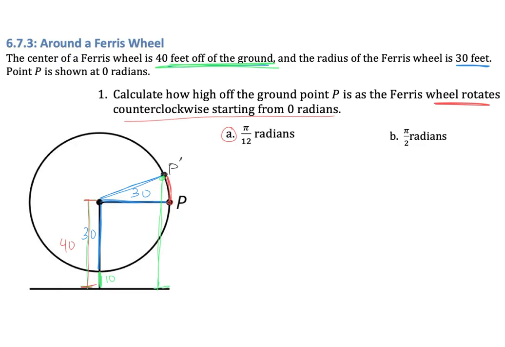Well, hopefully you see that this distance here we already know is 40. So the piece that I need to find is this little yellow piece here, because then I can add 40 plus that little yellow piece. So I'm just going to call it a yellow piece.